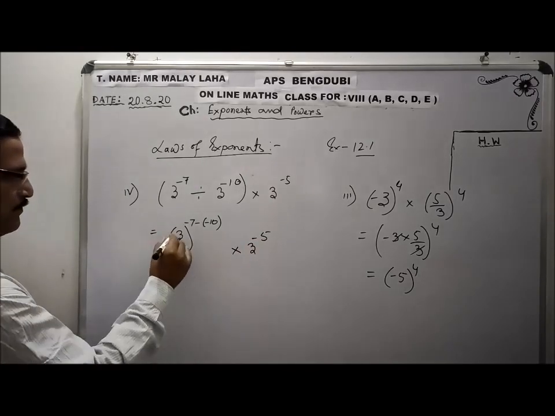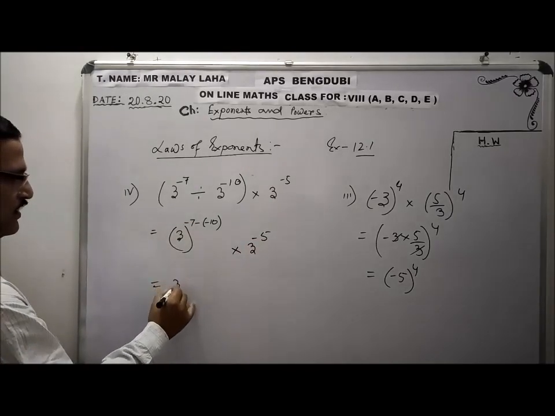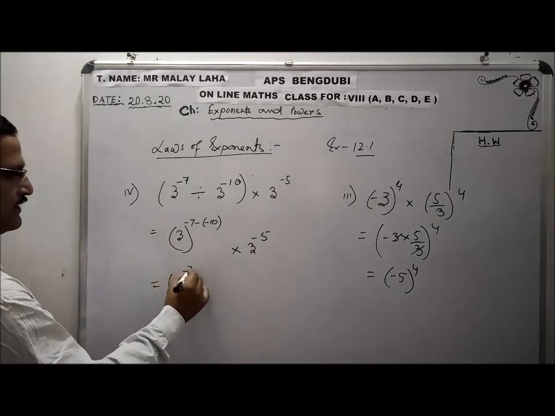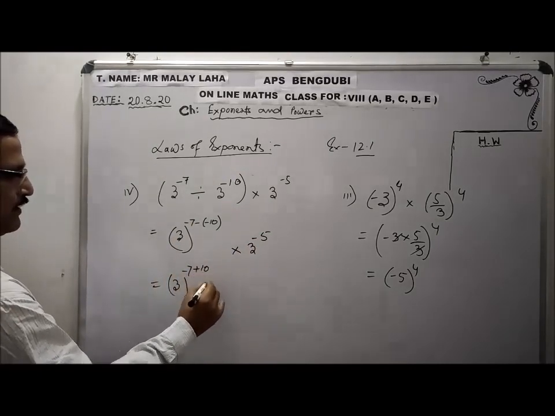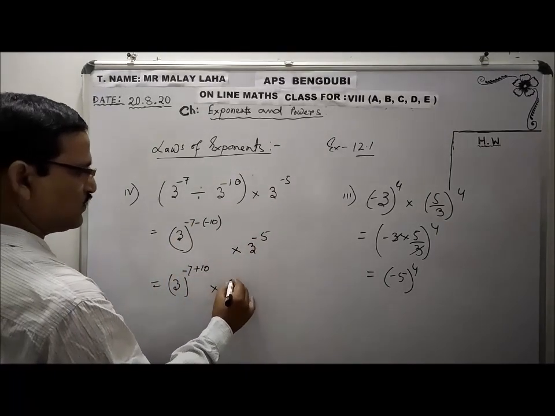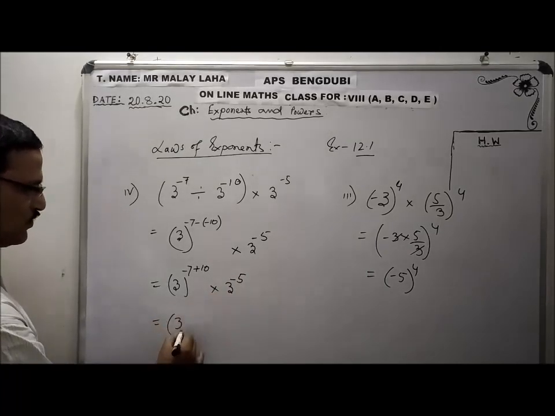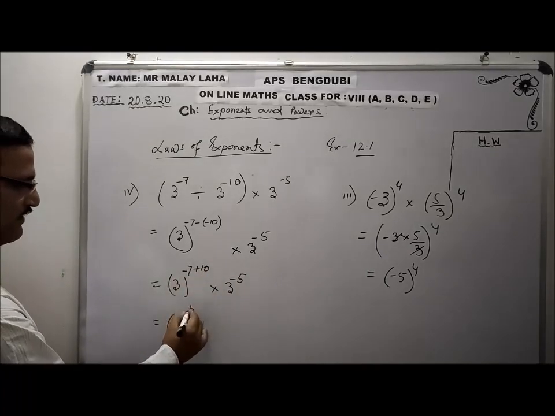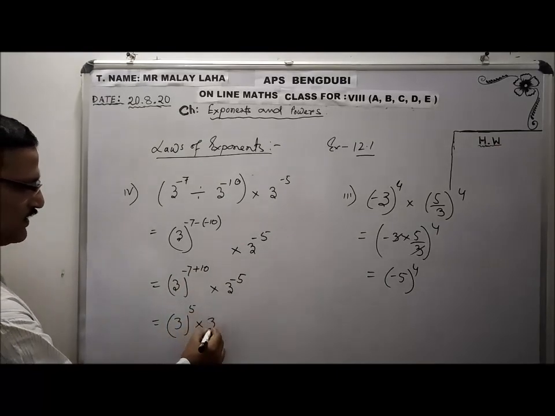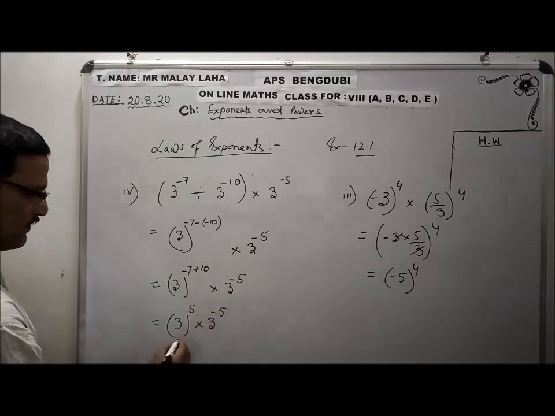Now what is coming after calculations? 3 raised to minus 7 minus plus 10 into 3 raised to minus 5. Okay, 3 raised to plus minus 5 into 3 raised to minus 5.